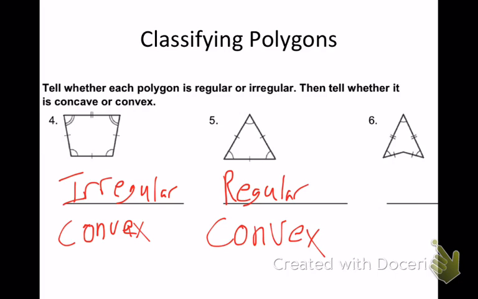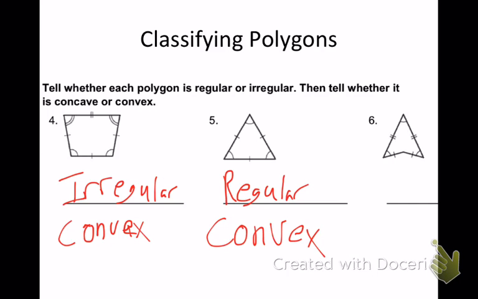Is there any way a triangle can be concave? Yes, it could. Show me. Upside down. Or sorry, is there any way a triangle can be concave? No, a triangle cannot be concave. A lot of times people go, oh yeah, number 6 though. But what type of figure is number 6 actually? It's a quadrilateral.